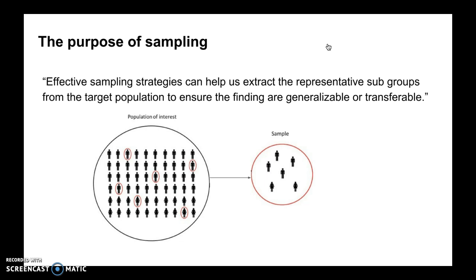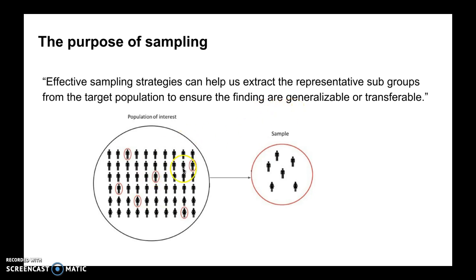You need sampling to extract representative participants from the target population. At the same time, you can ensure the findings and conclusions are generalizable or transferable.